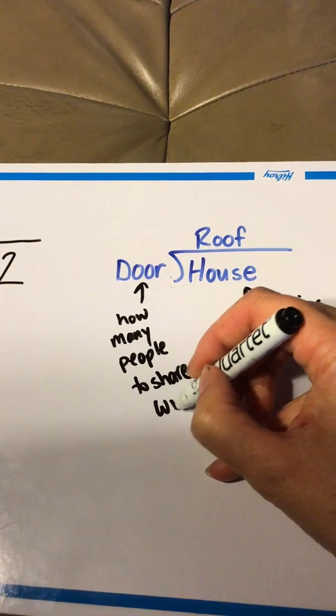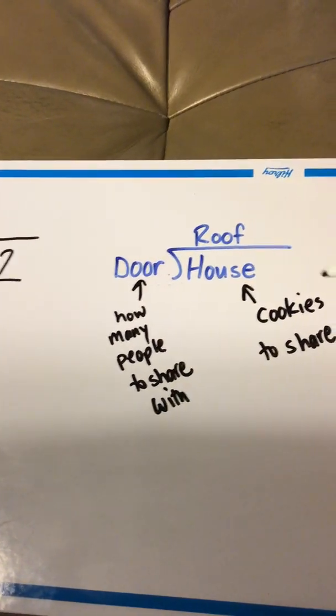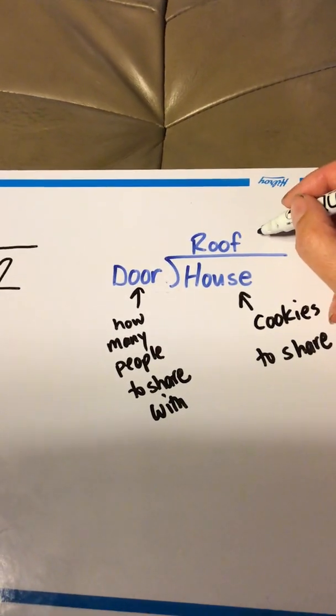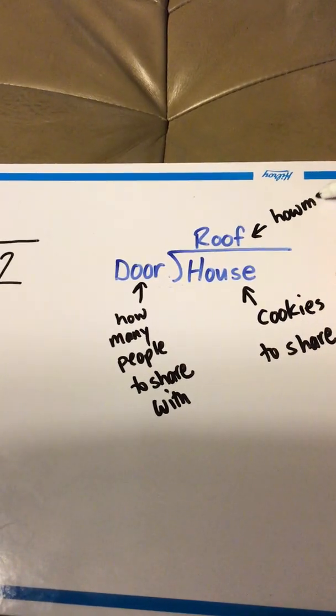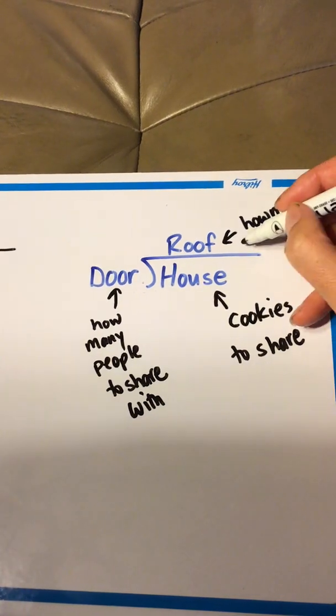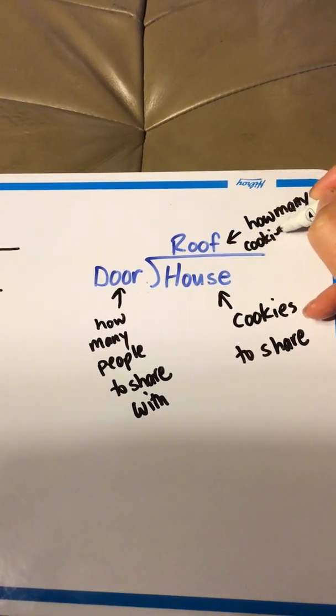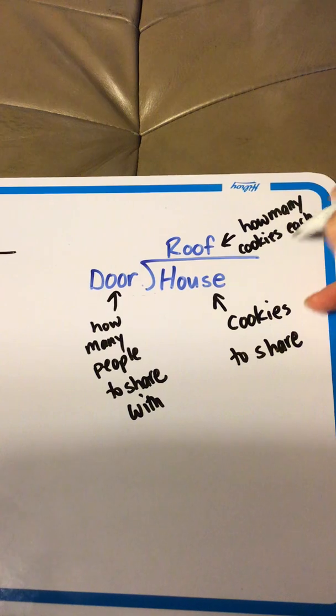And then the roof, this is the answer, or how many cookies each person gets.